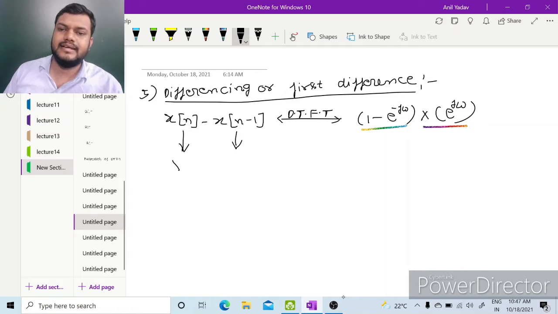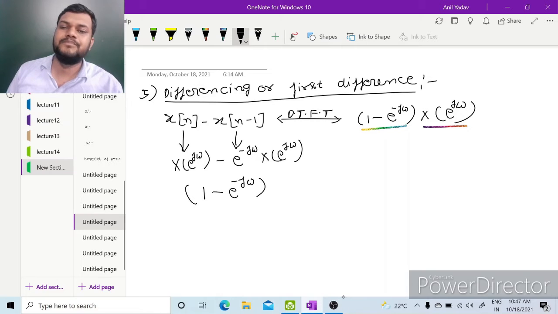So as x[n] has X(e^jω), then x[n − n0] will have e^(−jωn0) X(e^jω); here n0 is 1. So take X(e^jω) common. It will be (1 − e^(−jω)) X(e^jω).